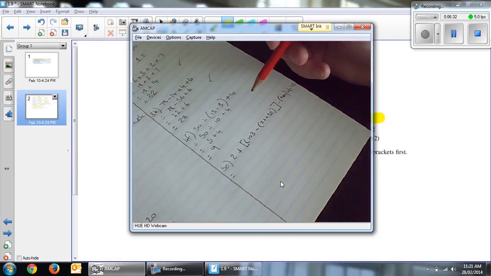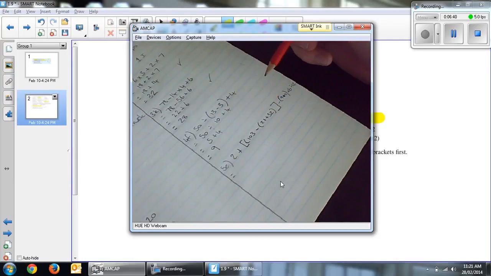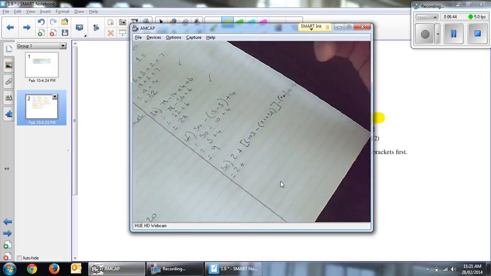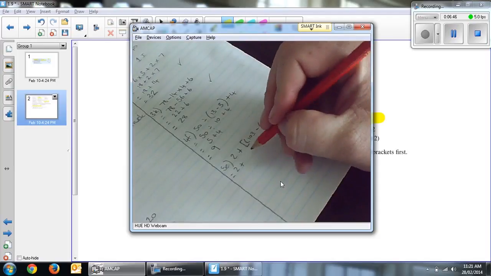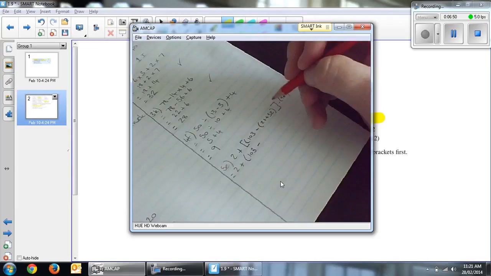Alright, first one that we need to do is this one here, okay, because it's the most inner bracket. Okay, so 21 plus 52 is 73, so let's rewrite it. We can take away that bracket now.